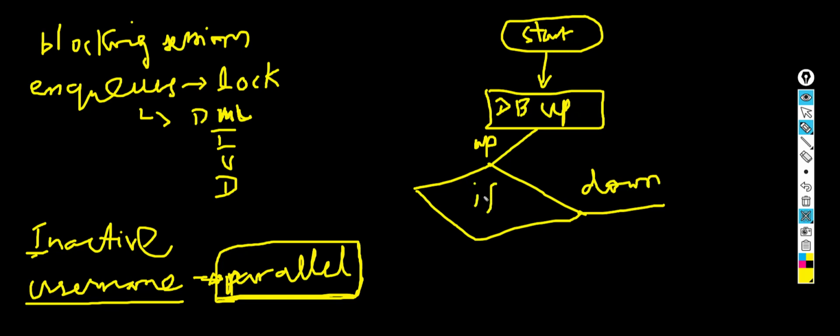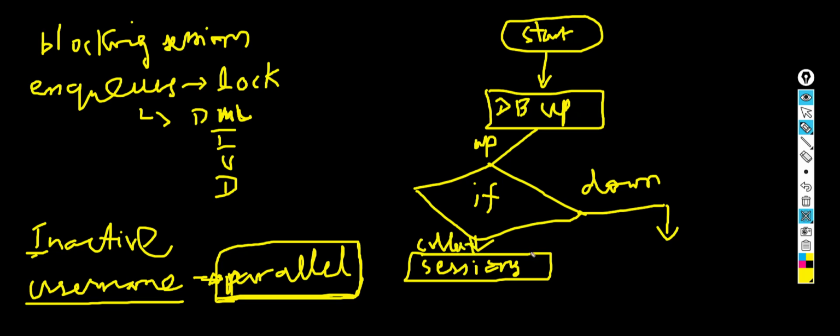So here we are going to use an if condition. So if it is up, then we will create a script to collect all the sessions, either inactive sessions or parallel sessions. So we need to collect the details of all the sessions, SID and serial number, right?